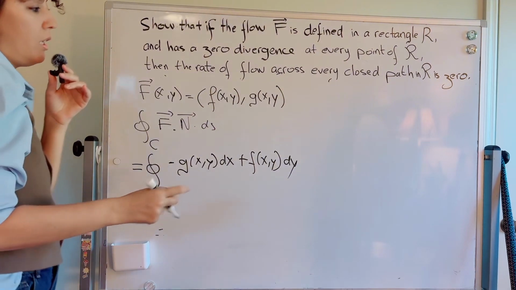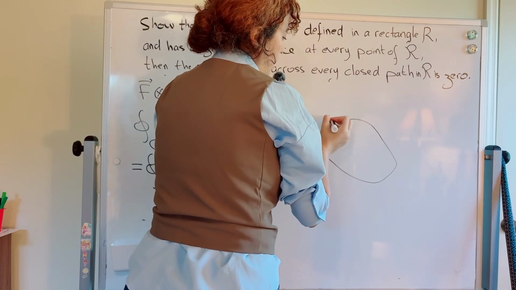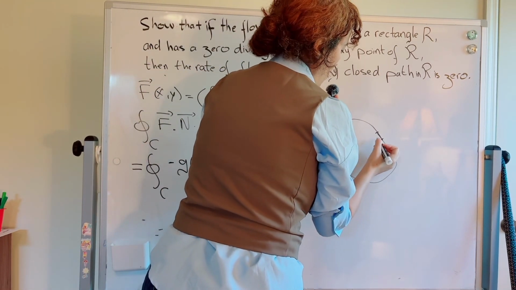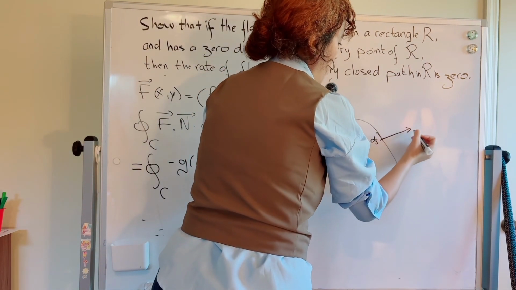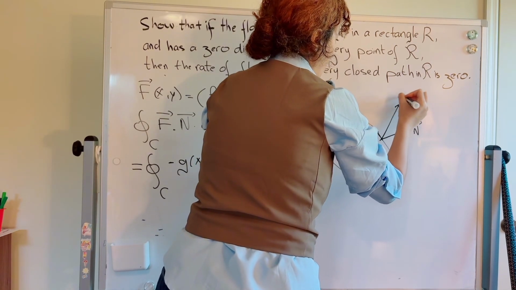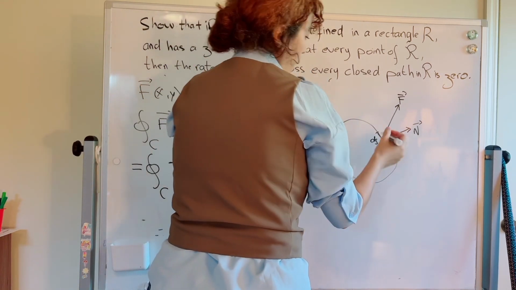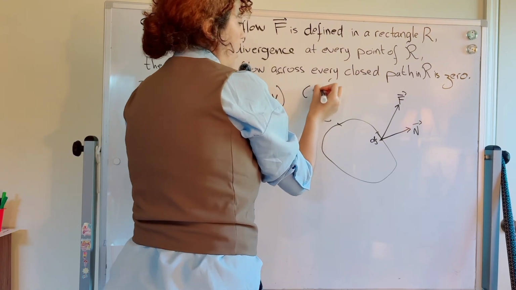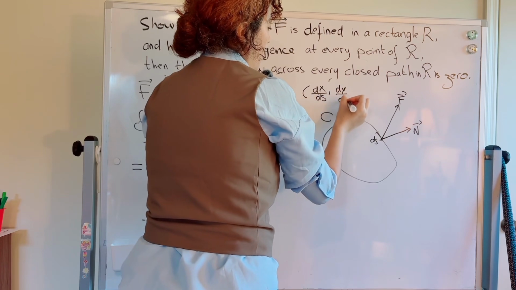Now we can draw here a curve C, and we take this small ds, and the unit normal vector is going to be n, and the flow F. The tangent vector at this point is going to be dx over ds, dy over ds.